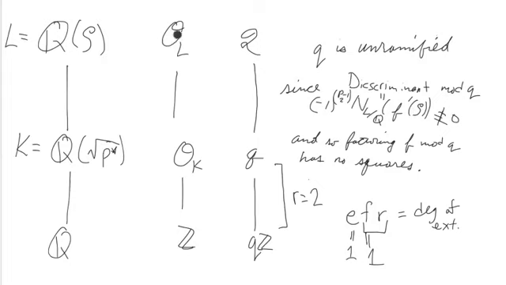So Q times OL, we mod out by that. When we're up here, that'll be non-zero, which tells us something.